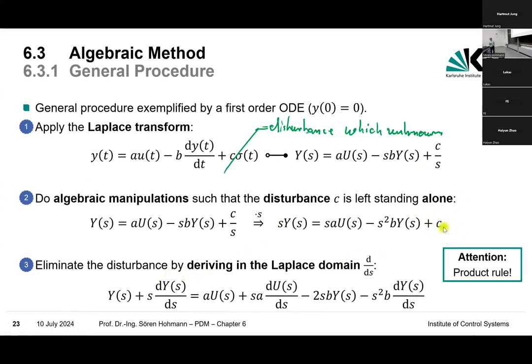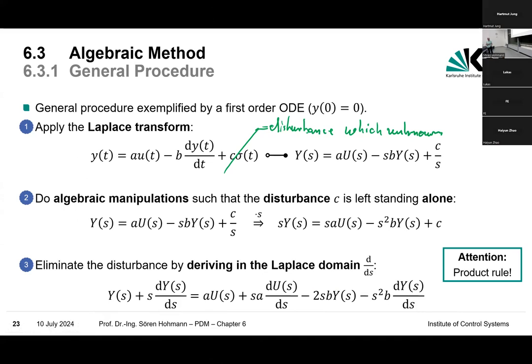c disappears. Well, I get the following: I have to be careful. I have to apply the product rule because I have s and Y(s). So first, s derived gives 1 times Y(s) plus s not derived, but Y(s) derived.